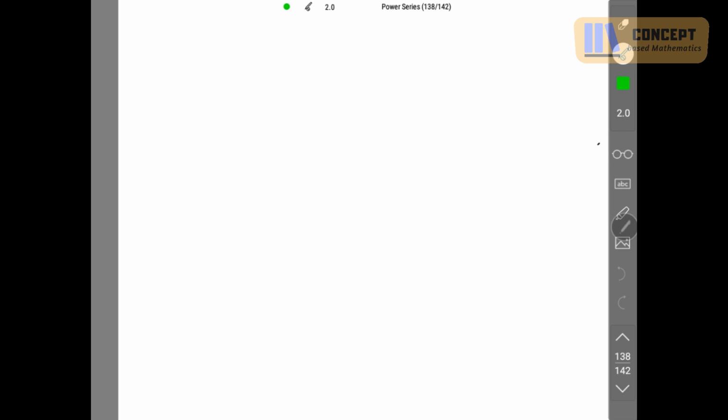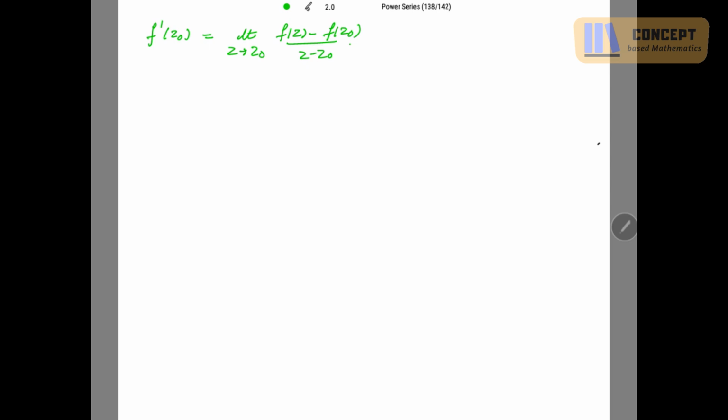So I write the definition: f dash z0, the derivative of f at z0, is equal to the limit as z tends to z0 of f of z minus f of z0 over z minus z0.